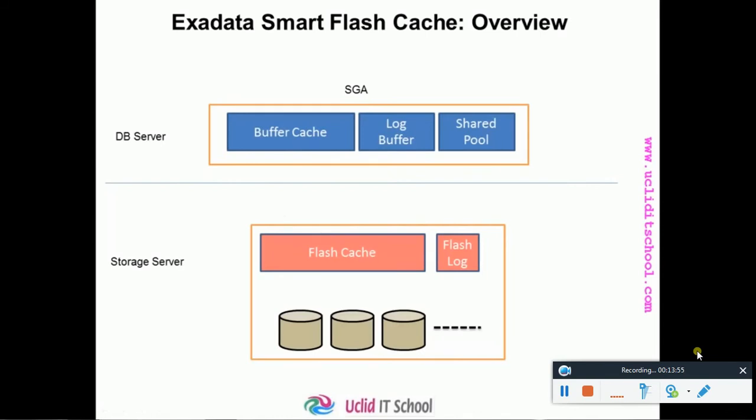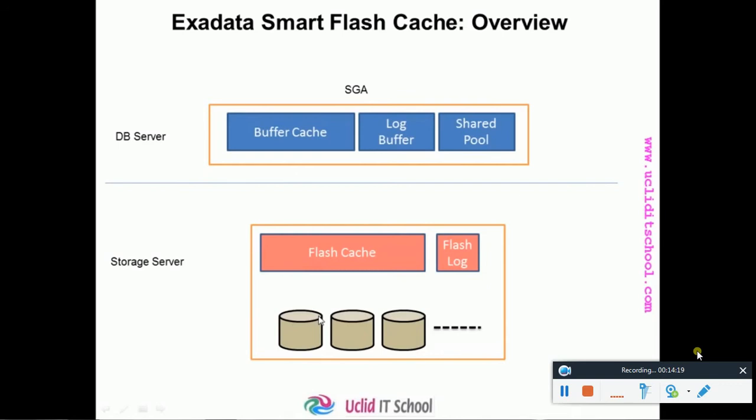Now Exadata storage server first checks for the block in the flash cache. If the block is present in flash cache, it will serve from there itself without doing physical IO. If the block is not present in flash cache also, then only it performs the physical disk IO.